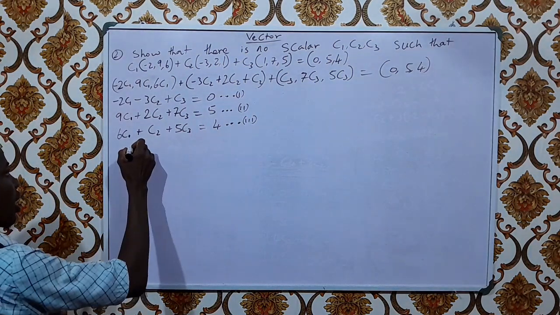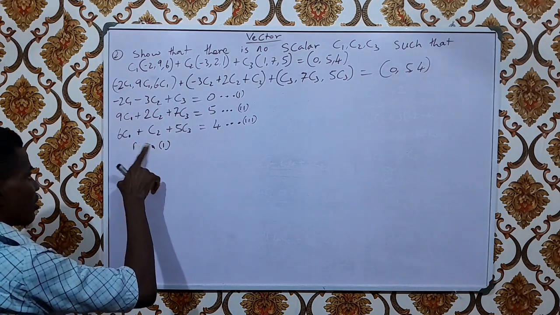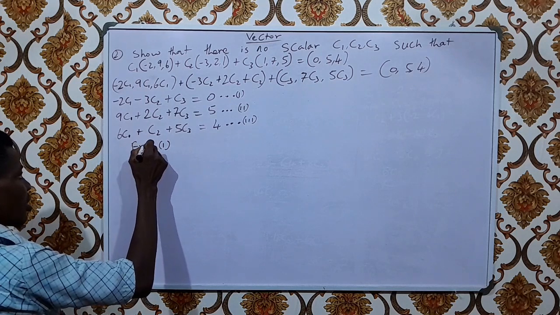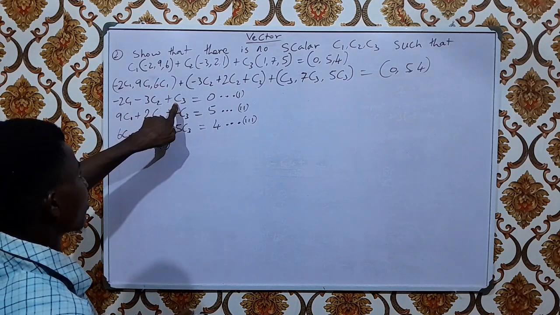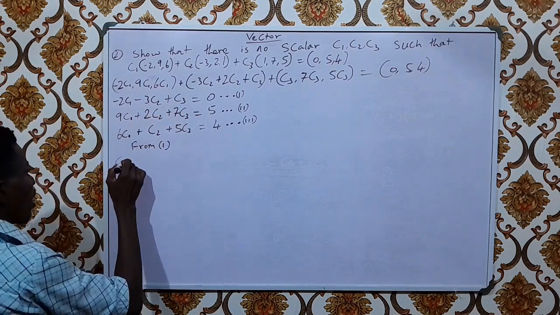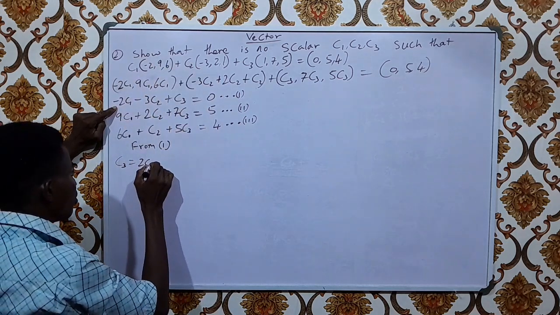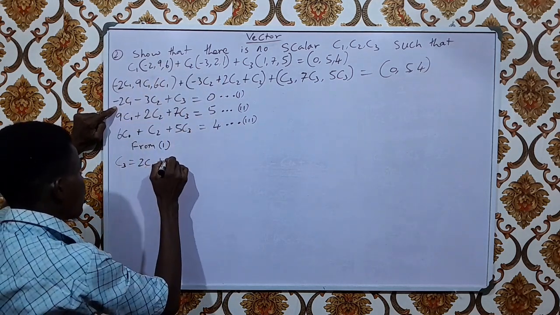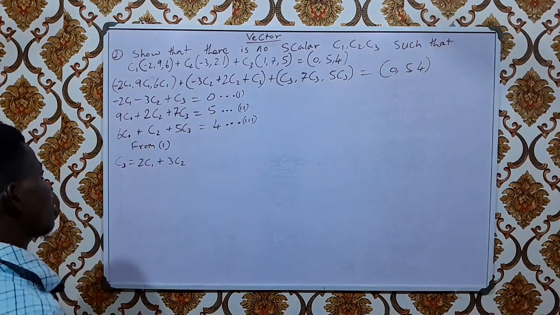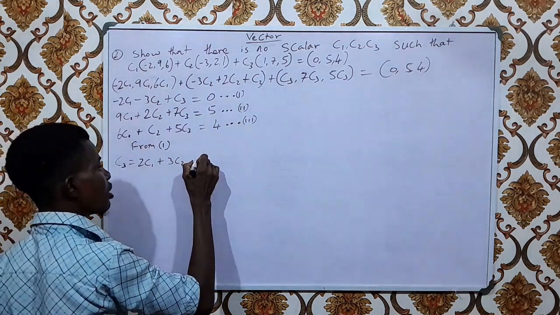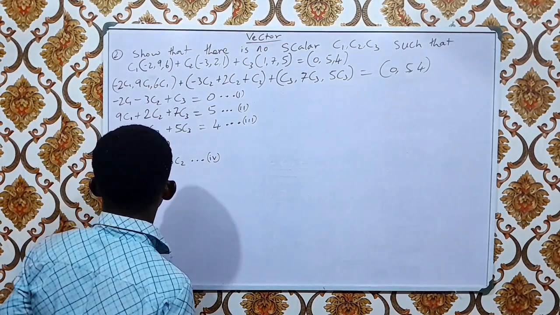Now from equation 1, I want to make C3 the subject of the formula. So we have C3 equals, this one crosses positive, 2C1, this one crosses positive, plus 3C2. Let me name this equation 4.